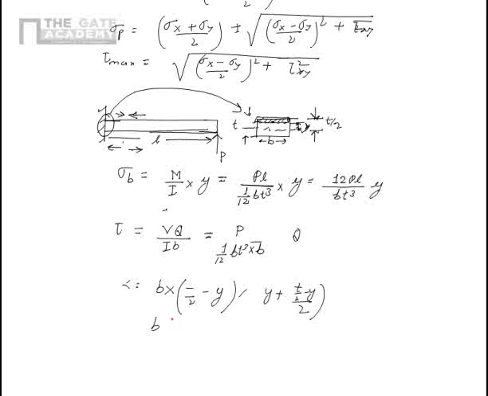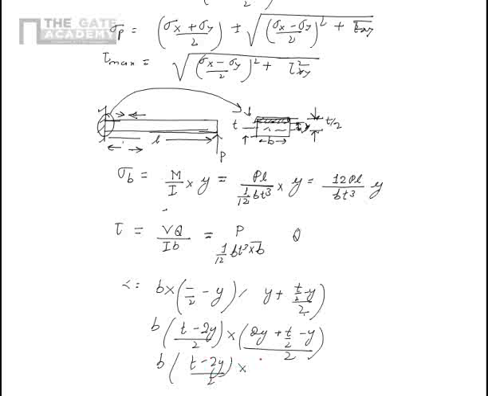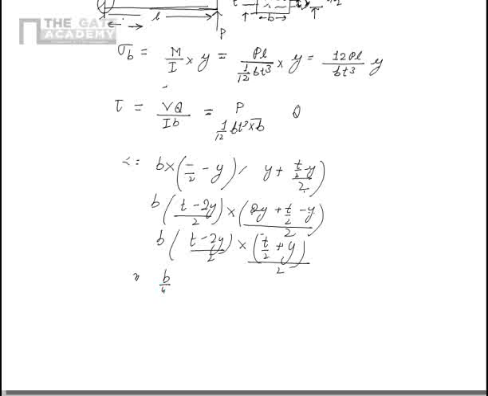So I simplify this equation, I get B into (T minus 2y) by 2 multiplied by (2y plus T by 2 minus y) upon 2. 2y minus y is y, so it is T by 2 plus y by 2. So that is equal to B by 4 into (T minus 2y) into (T by 2 plus y).